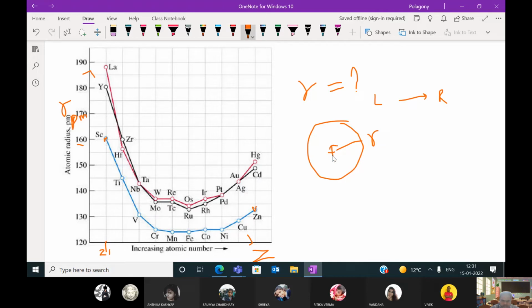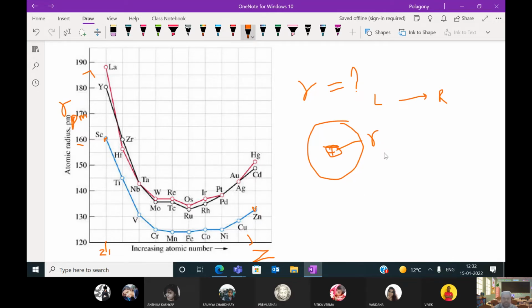And what is the other reason? It is the poor shielding effect of d orbitals, and of f orbitals. We write it as imperfect shielding effect of d or f orbitals.